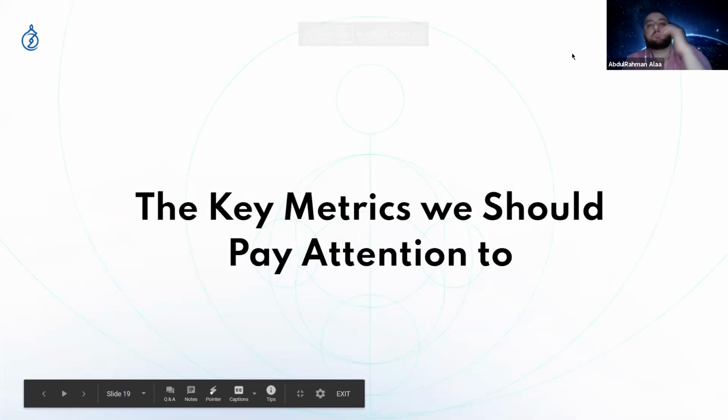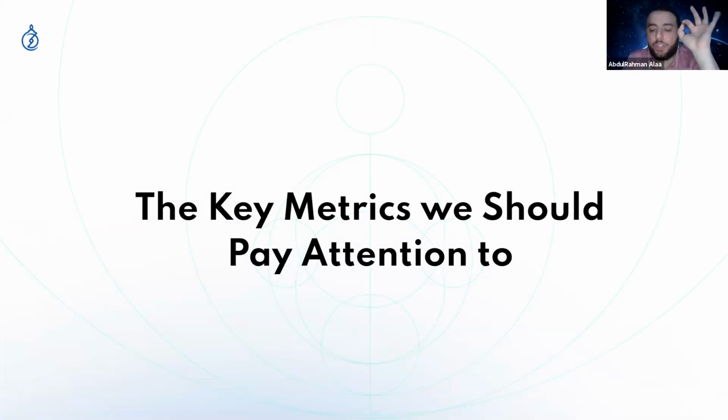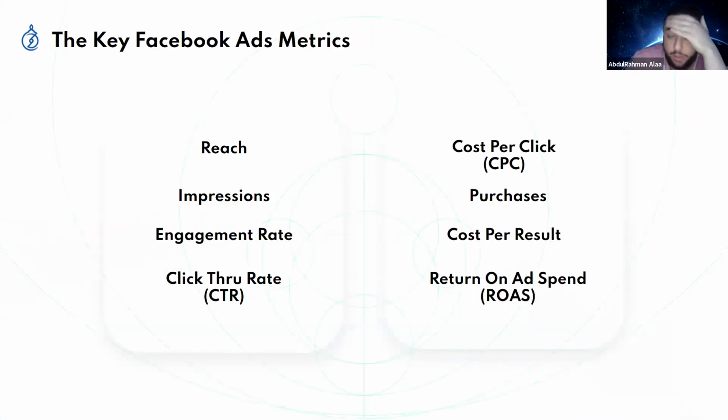Okay. What are the key metrics that you should pay attention to? These are some of the main metrics you should take care of: reach, impressions, engagement and click-through rate. Reach: if your ad is not good, Facebook will make the reach much more expensive.